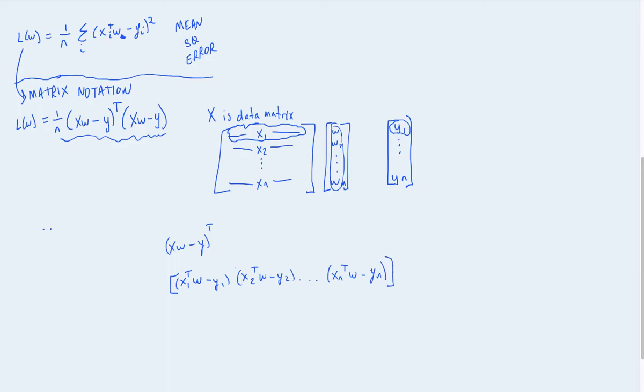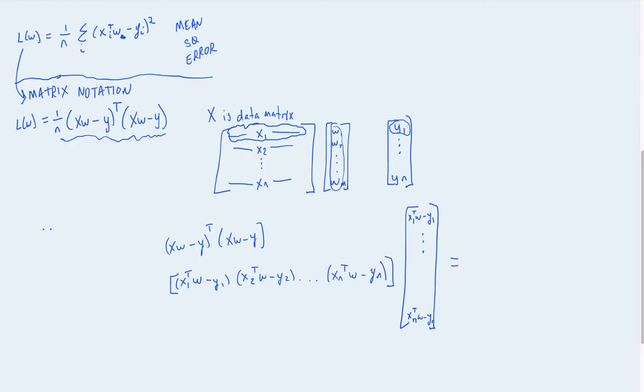And then we're multiplying it by its second term, itself again, except not transposed. So we're taking the dot product of that with x1 transpose w minus y1, all the way down to xn transpose w minus yn.